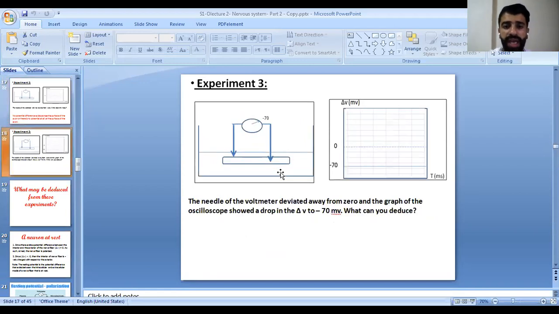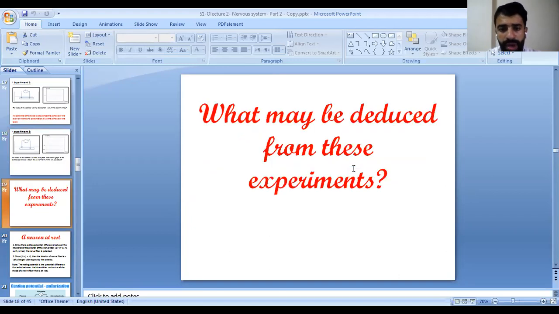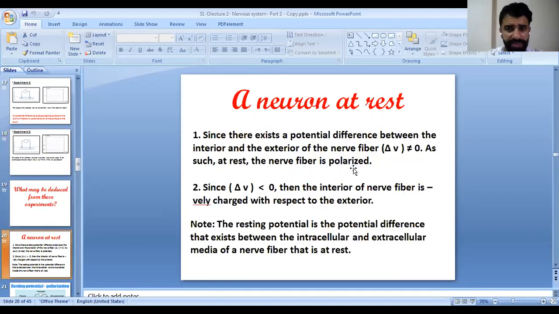While if we put the needles of the voltmeter, one on the internal side and the second on the external side, the needle of the voltmeter deviates away from 0 and moves to minus 70 millivolts, as shown in the oscilloscope. So what can we deduce here? First, you have to know that in a neuron at rest, there exists a potential difference between the interior of the axon and the exterior.